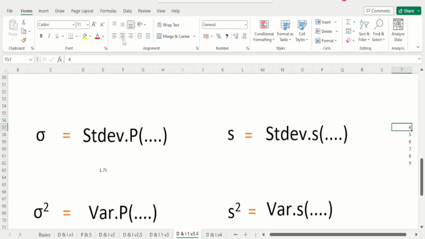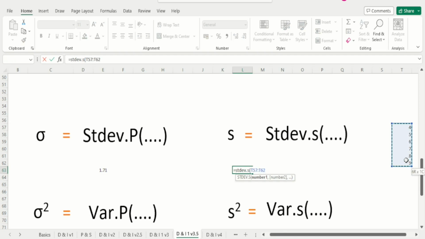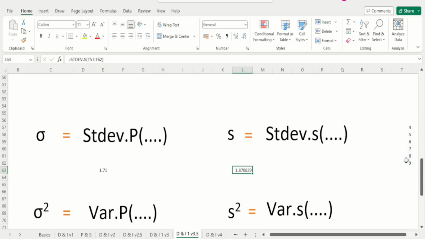However, if this was not our population, let's say this was a sample taken from a much larger distribution, then what would be the standard deviation? In that case, the standard deviation would be dot s, and because it's being taken from a sample, then you select it, and once you select it and you run it, you see that the standard deviation is 1.87.